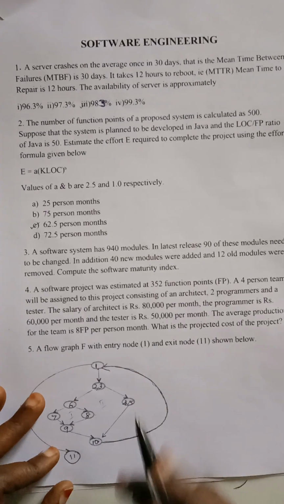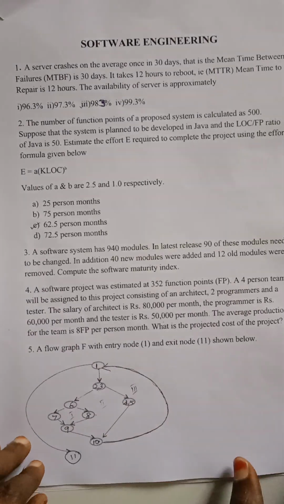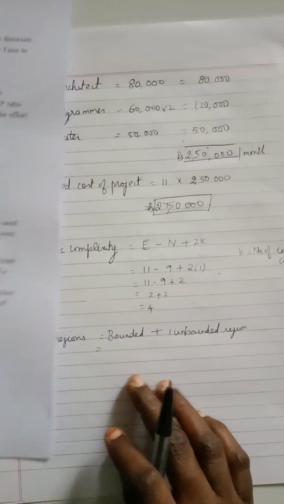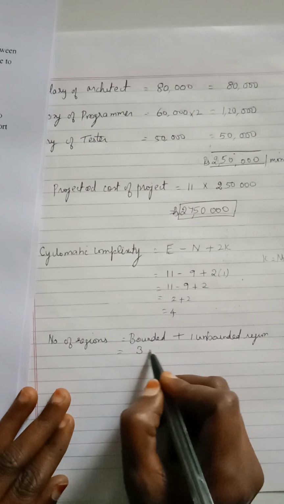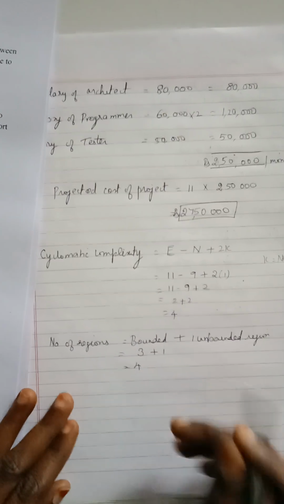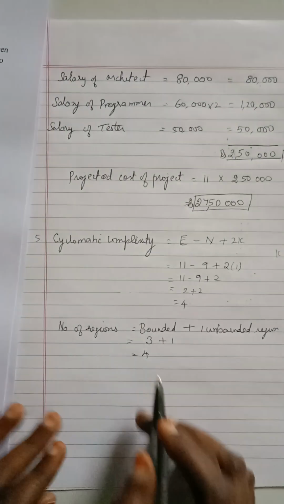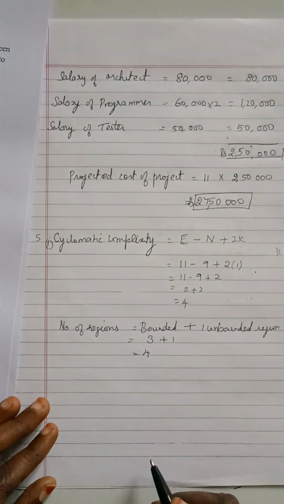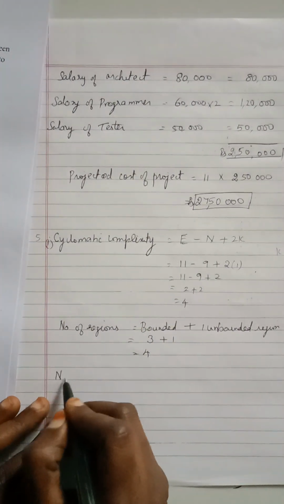They are bounded only. So 3 bounded regions are there. This we can't take. So there are 3 bounded regions and 1 unbounded region, which is 4. So the number of regions is 4.